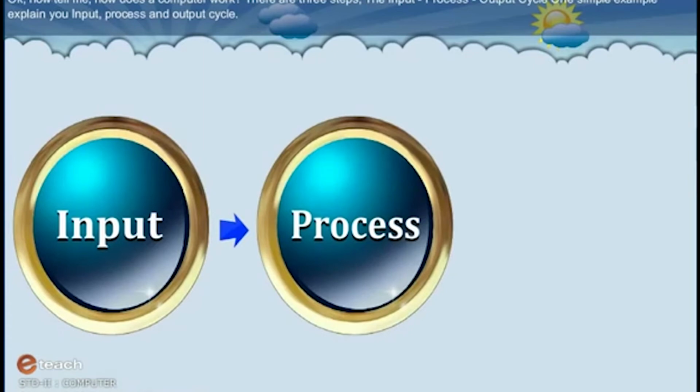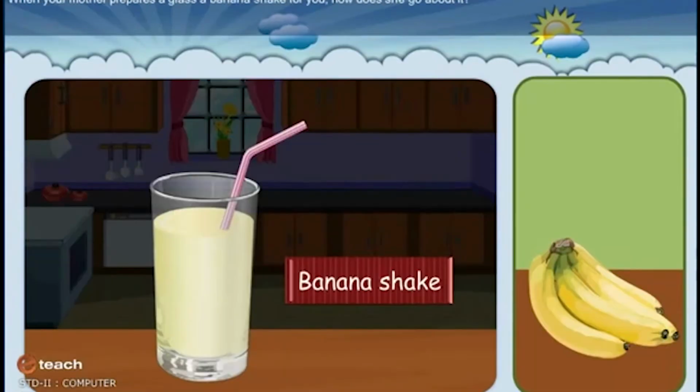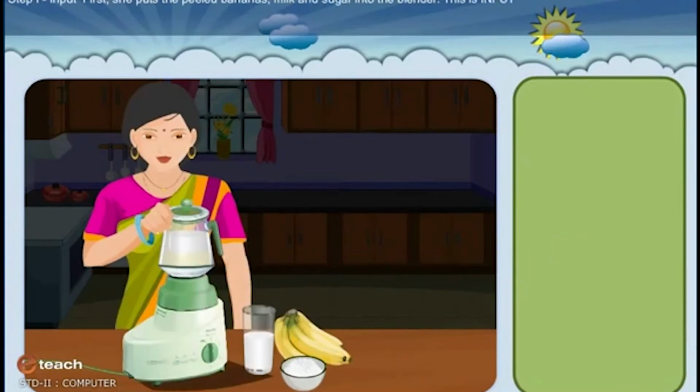There are 3 steps: the input, process, output cycle. One simple example explains the input, process and output cycle. When your mother prepares a glass of banana shake for you, how does she go about it? Step number 1.